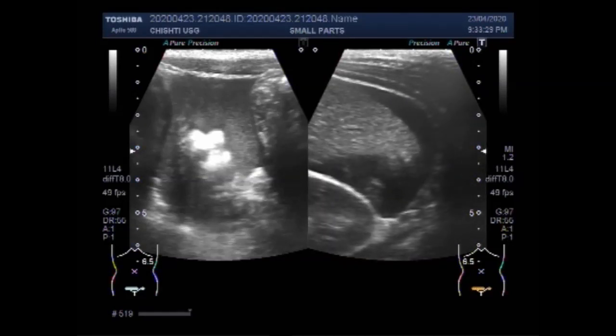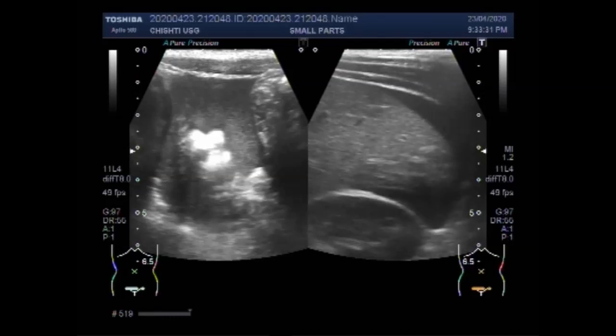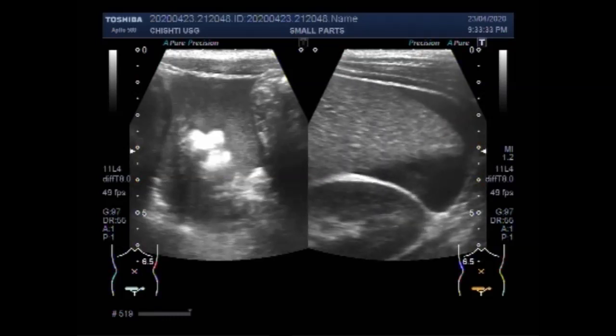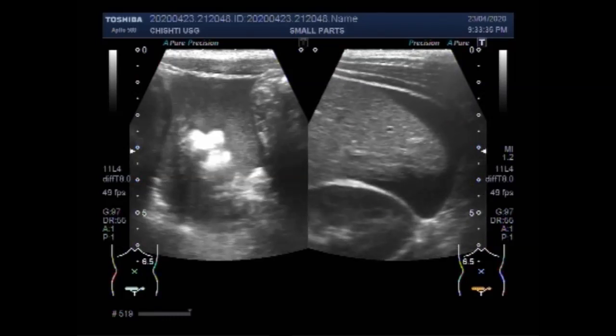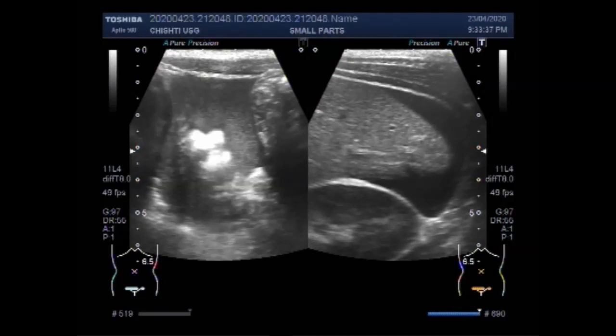Again, you can see the fluid in the upper abdominal cavity in the Morison's pouch, hemoperitoneum. And here again you can see the fluid is thick and turbid.